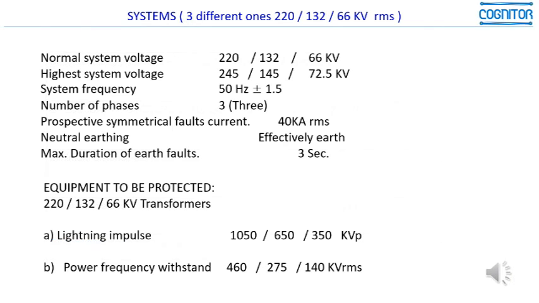And here in the next three slides, just one more or two, there are interesting examples of the selection of surge arrestors for three different systems in the same power utility. One system is 220 kV, the other one 132 kV, and the other one 66 kV.